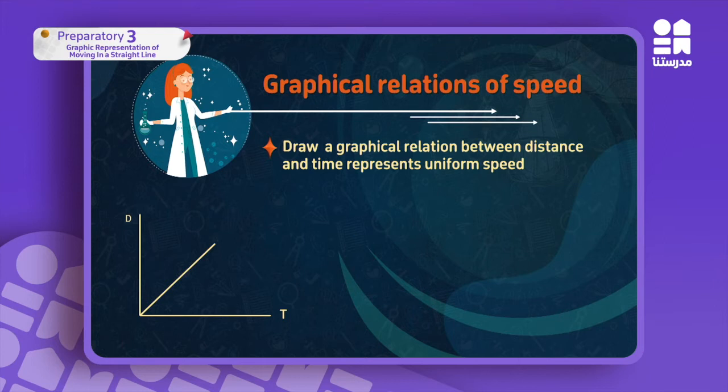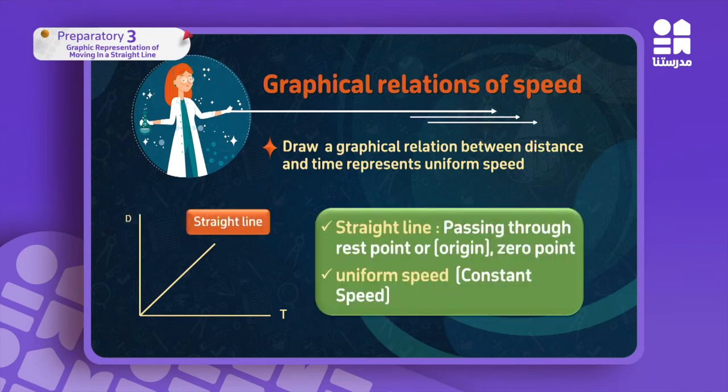How to represent it? زي ما احنا شايفين كده, it's a straight line passing by the origin point. طيب ليه حصل كده؟ Because the relation distance over time is constant, which means when the distance increases, the time increases. بالظبط. So this straight line expresses the relation between distance and time as distance increases, time increases with it.